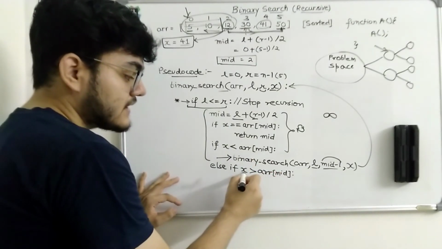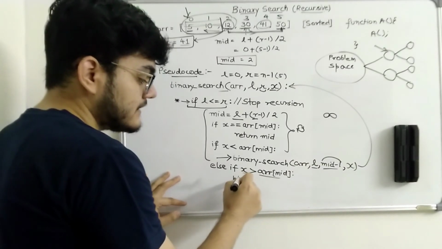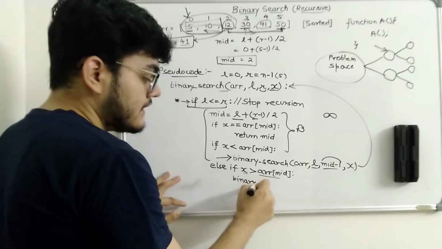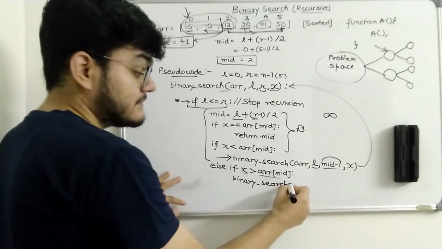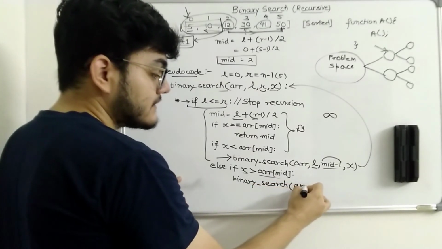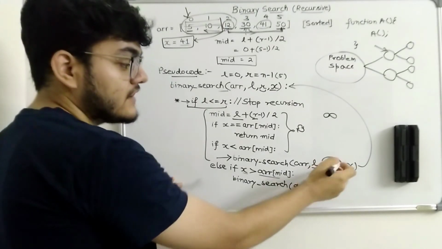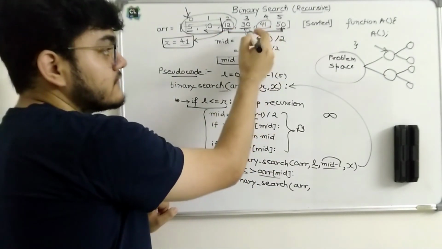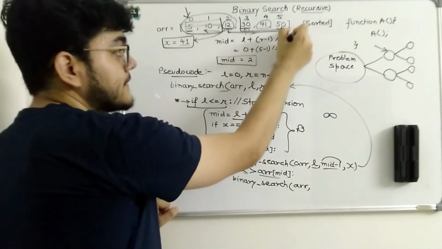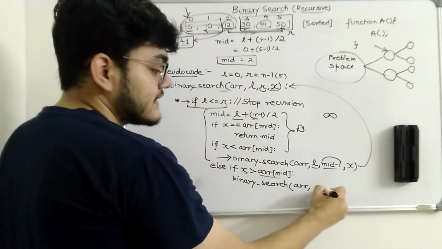So what will happen when x is greater than the array mid position? We are simply going to make again a call to the recursive function, which is binary search. The array will remain the same, and now you can see we will have to change the value of left and right also. So when we are considering this part of the array, you can see the R will remain the same.